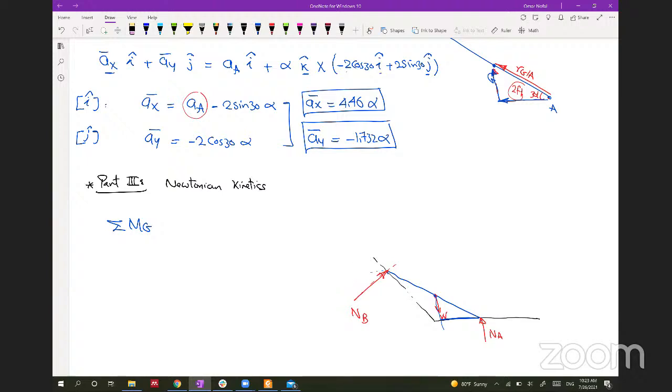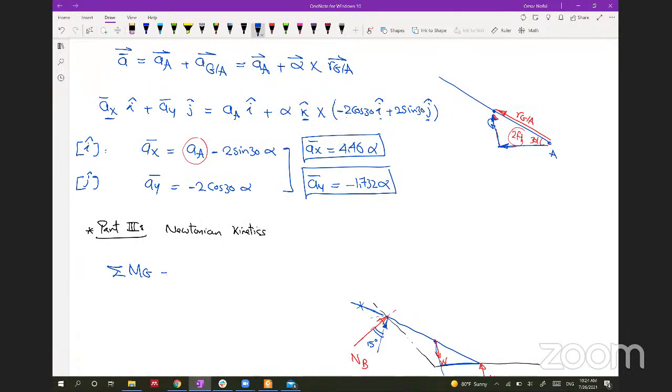The easiest way is to analyze the normal force in two directions: one in the direction of the body, and one perpendicular to the body. The one in the direction of the body will be canceled because it has an arm of 0, and we will end up with this component. If you did some geometry like what we did before, you will find that this angle is 15 degrees. And the moment will be equal to I bar multiplied by alpha.